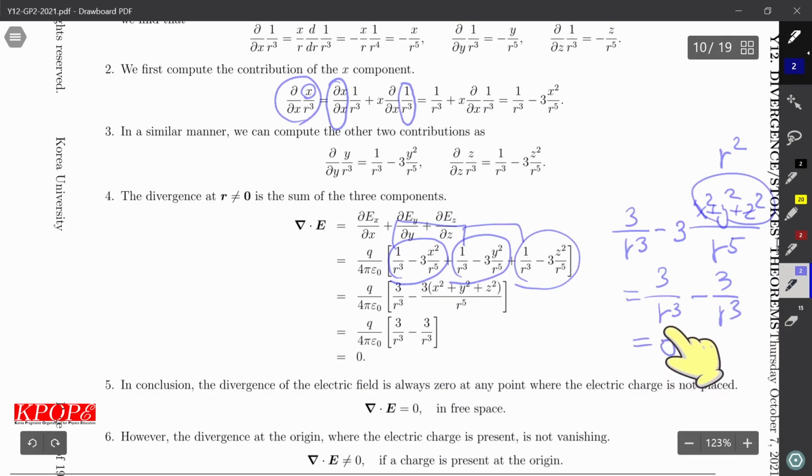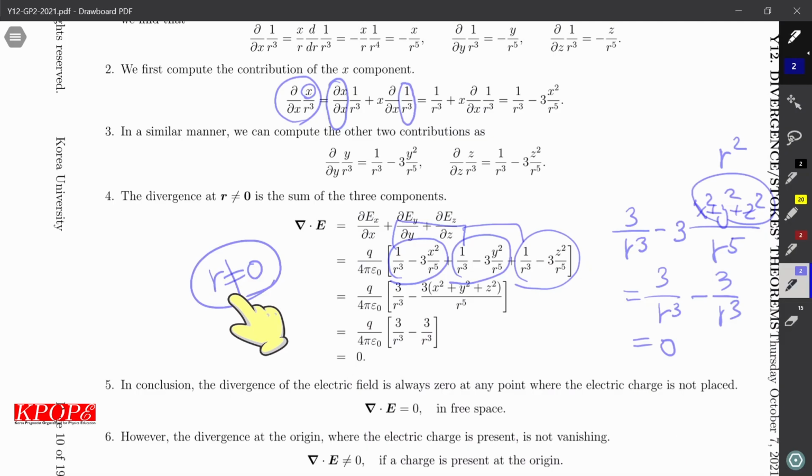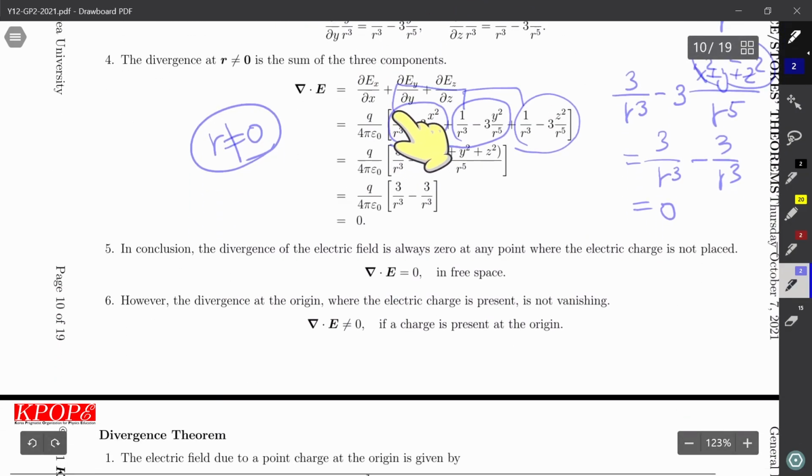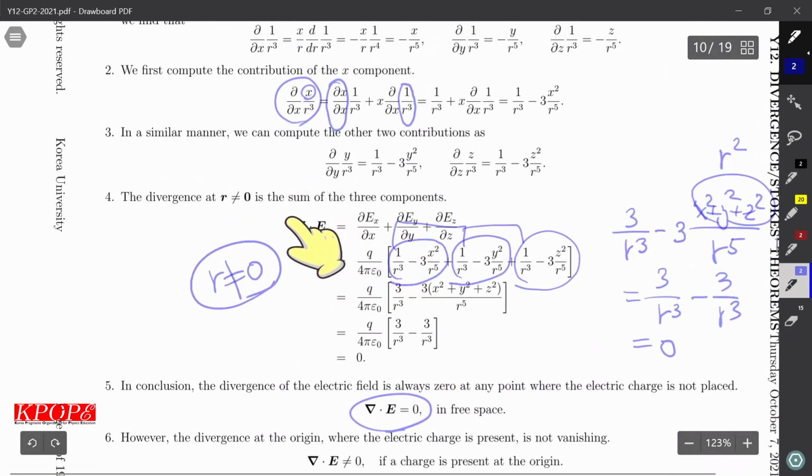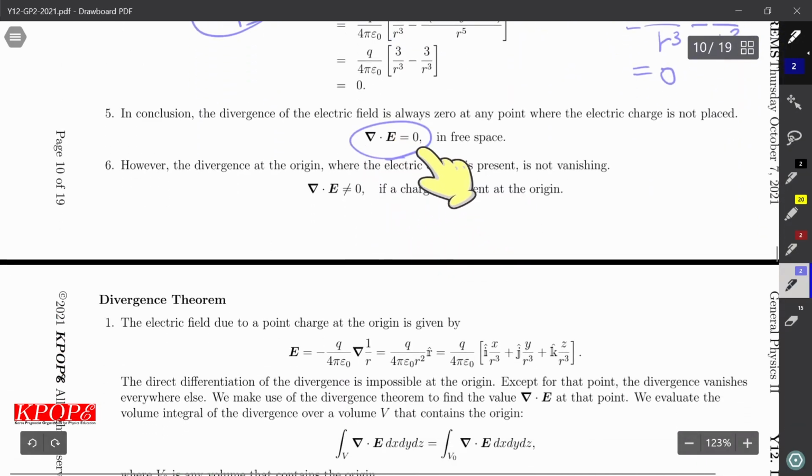Note that this differentiation is possible only for r not 0, because at r equals 0, the function is not differentiable. So, what we have done is divergence E's calculation. The electric field divergence is vanishing in free space.